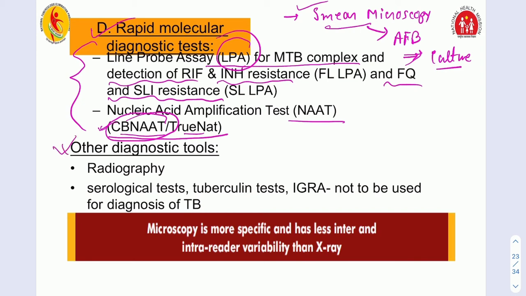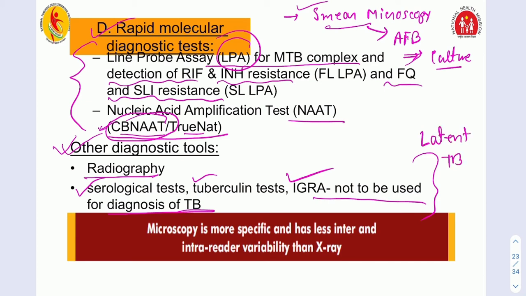Other diagnostic tools may be radiography, that is the chest x-ray we can do. Serological test, tuberculin test, and interferon gamma release assay are not to be used for diagnosis of tuberculosis. So when are these to be used? These are actually used for identification of latent tuberculosis.